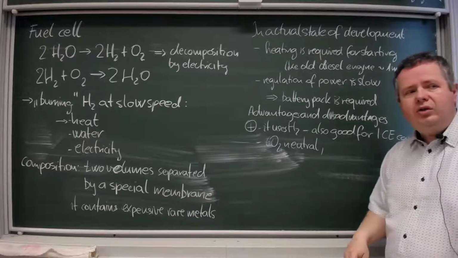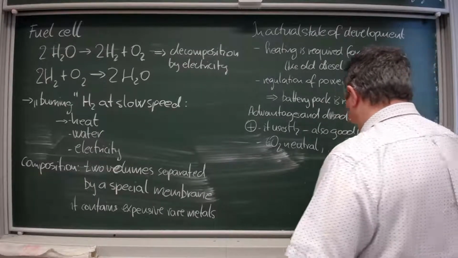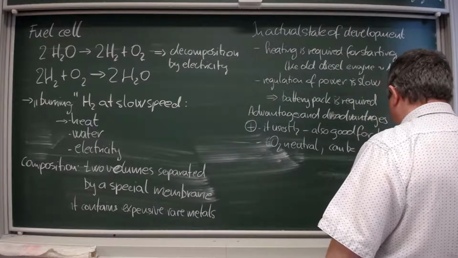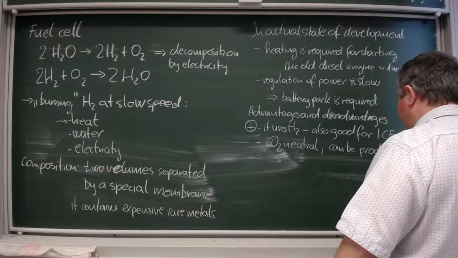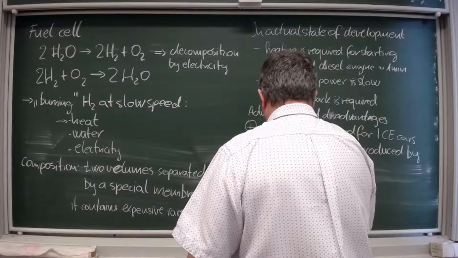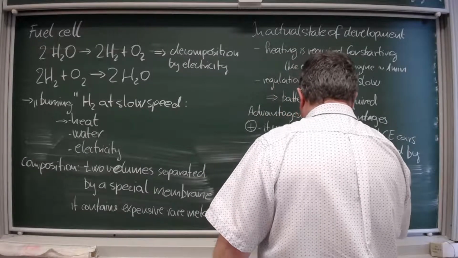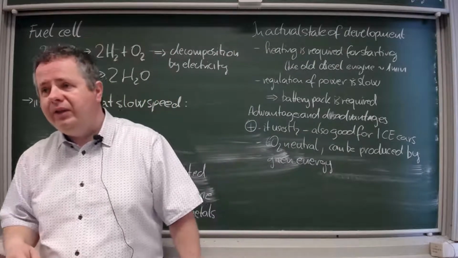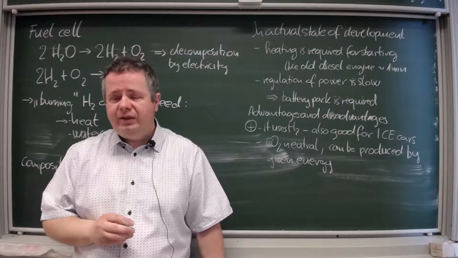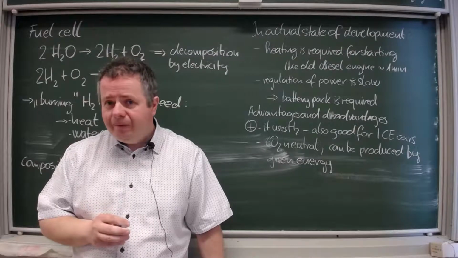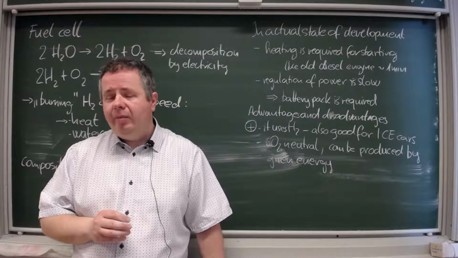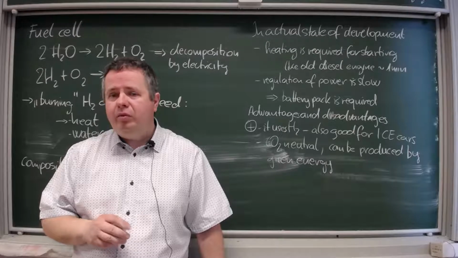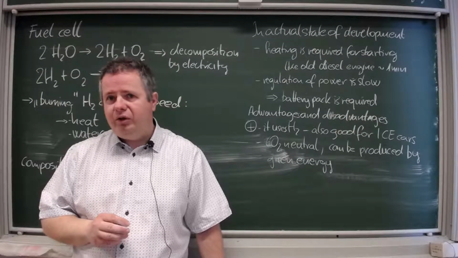And more, hydrogen can be produced by so-called green energy. What does it mean? It means that you have solar plants or wind plants around the seaside, and the energy coming from the solar plant or the wind plant can be used directly for decomposing water and creating hydrogen.